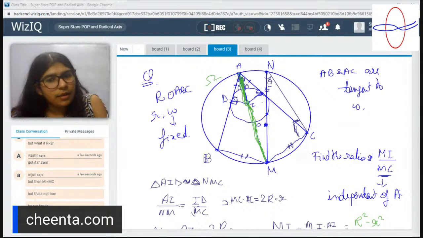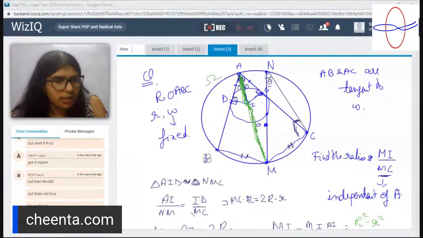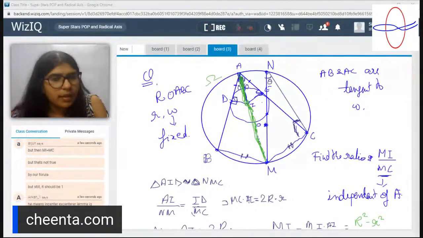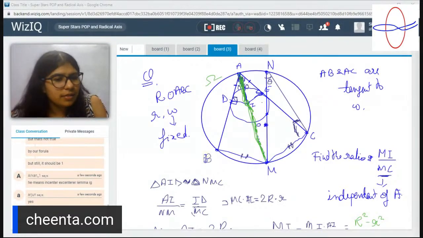And well, 2R equals r need not imply that MI equals MC. But this is not the incircle. Omega is not the incircle, it's just a random circle.